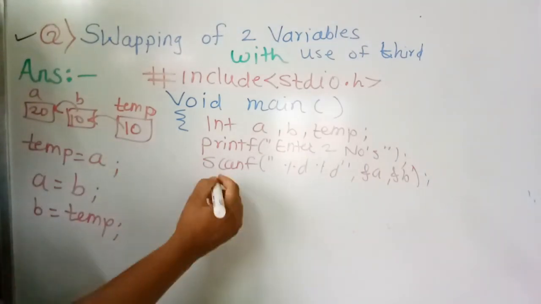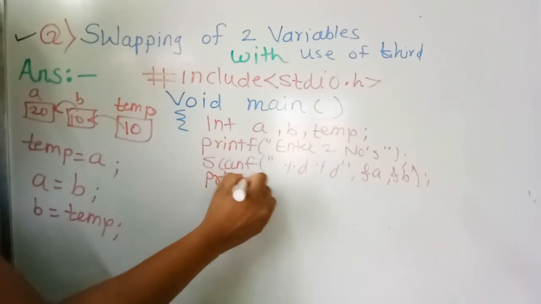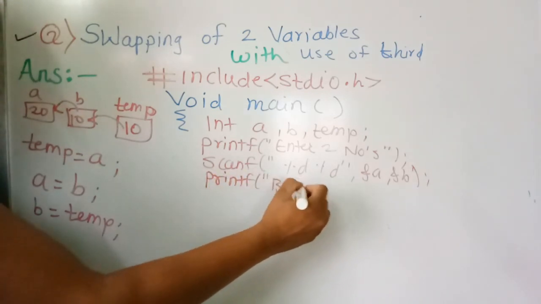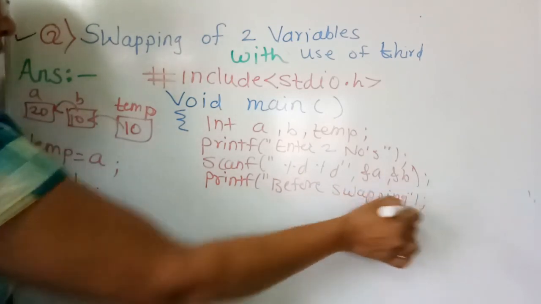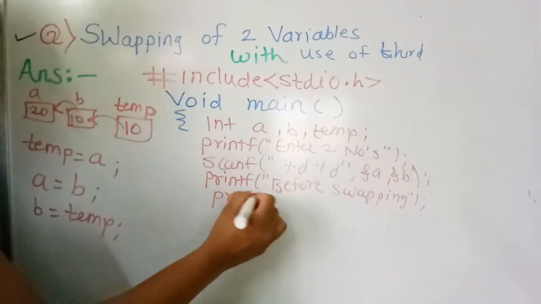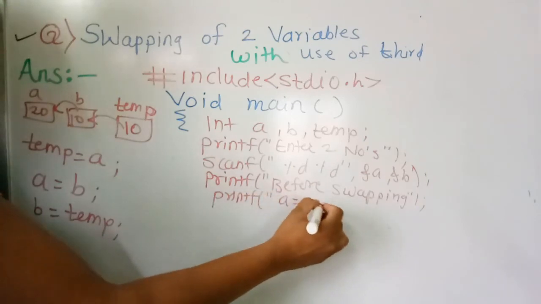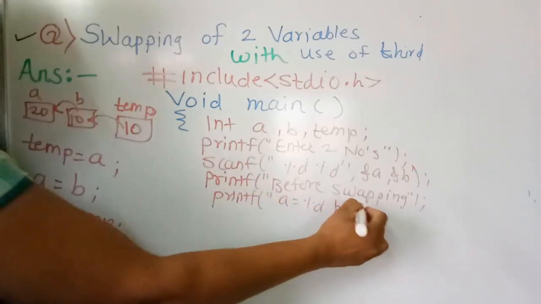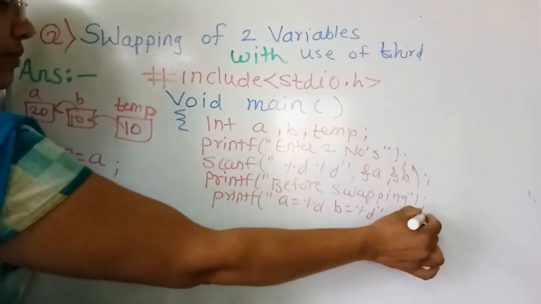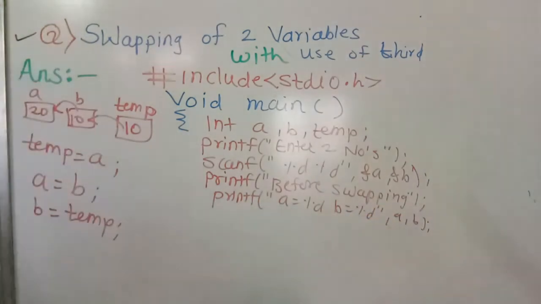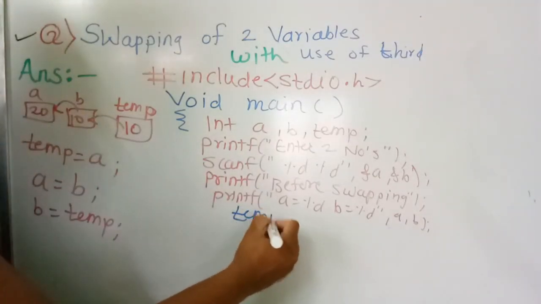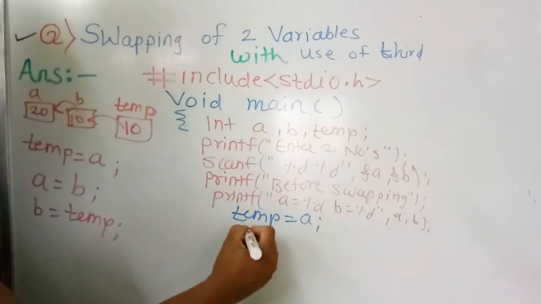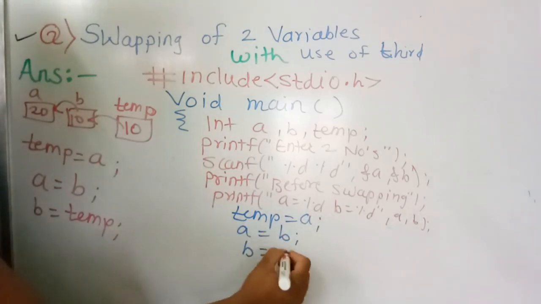So we can also print a message like before swapping, and we will print A equals to %d, B equals to %d, A comma B. Now we will apply the transforming terms, that is temp equals to A, A equals to B, and B equals to temp.